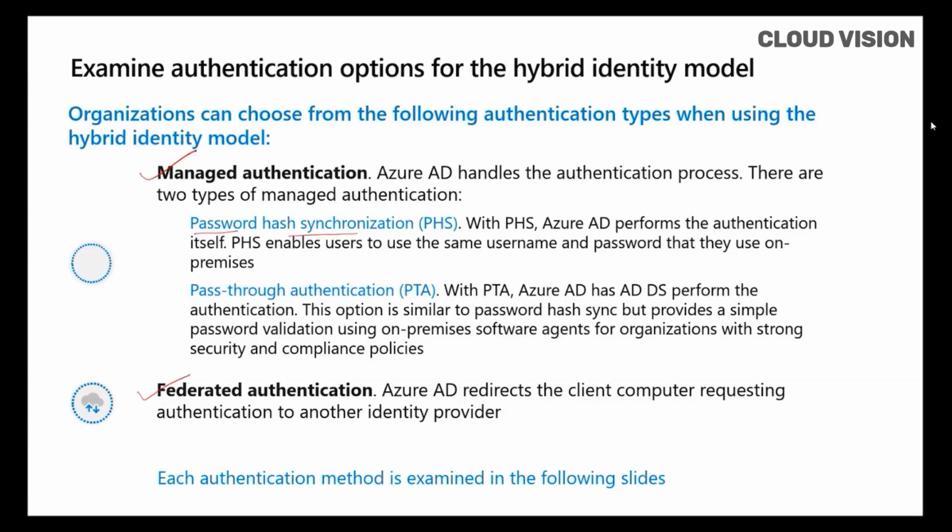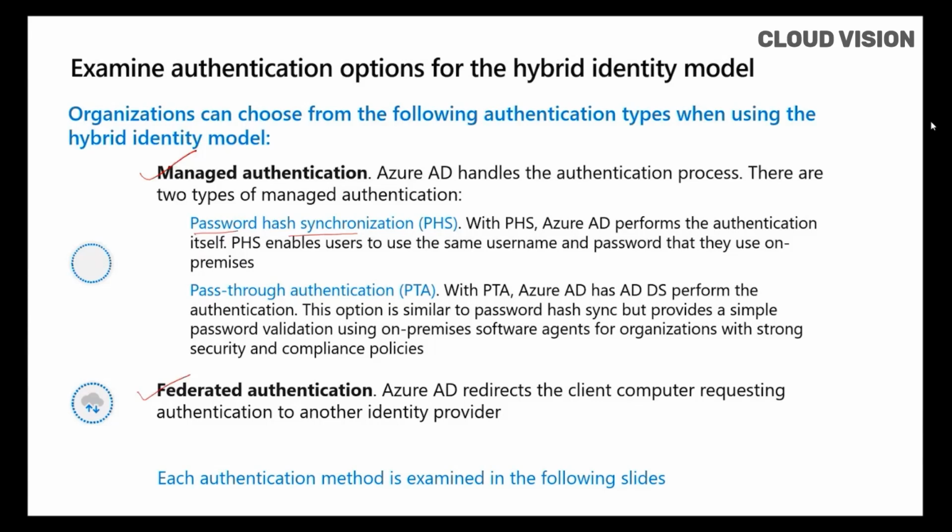Now, for organizations that are not comfortable with synchronizing passwords in the cloud, right? They want their authentication to be done from their on-premise Active Directory. They do not want Azure Active Directory to perform any kind of authentication for their identities.